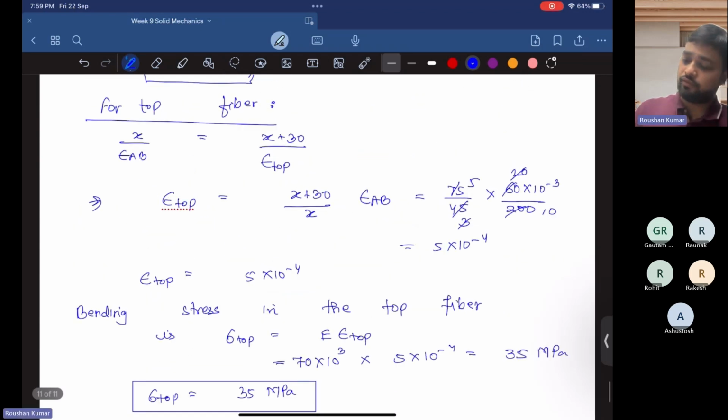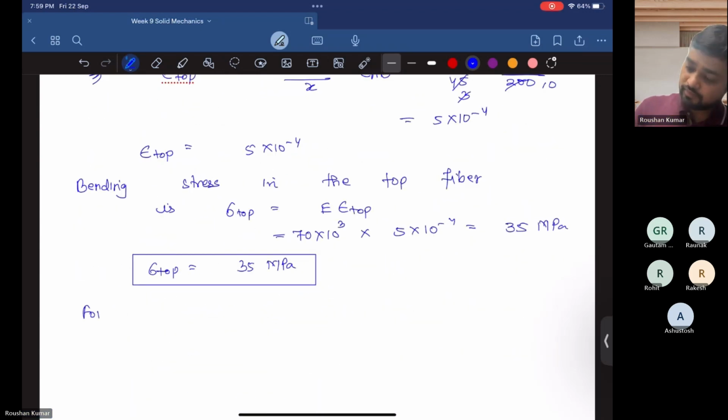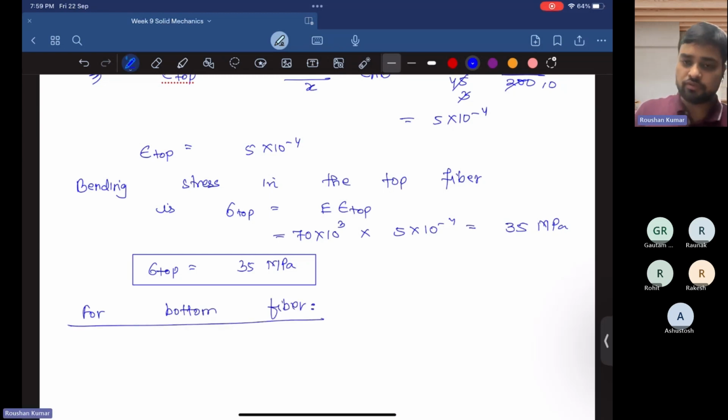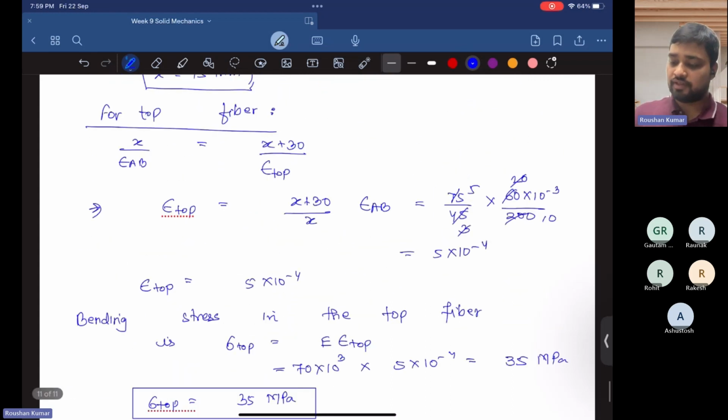Okay, now for the bottom fiber, we are using the same concept, that the ratio of x upon epsilon should be the same.